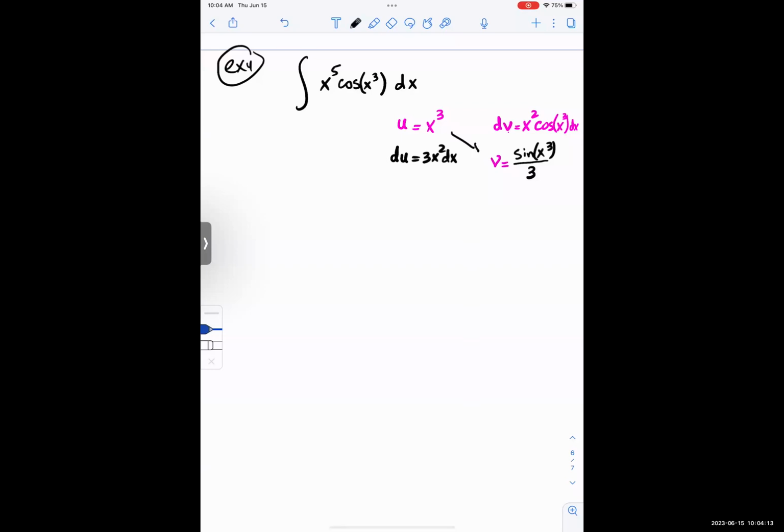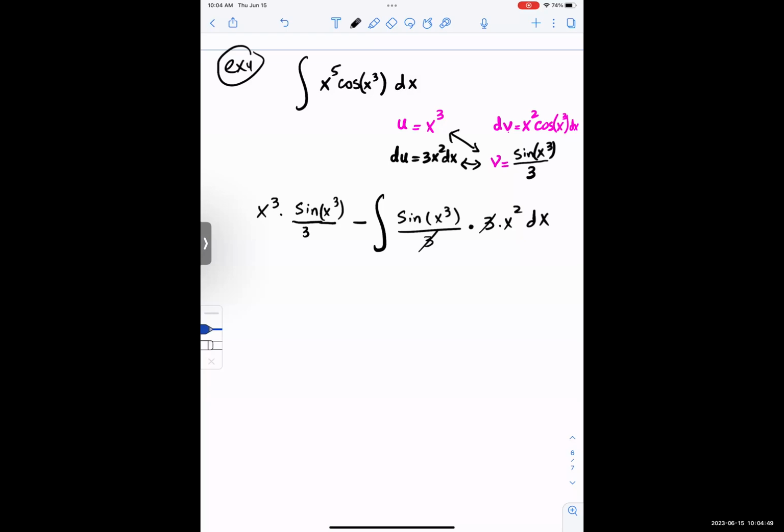So now you would say uv, x cubed times sine x cubed over 3, minus the integral of v du, sine x cubed over 3 times 3x squared dx. 3 and 3 cancel.